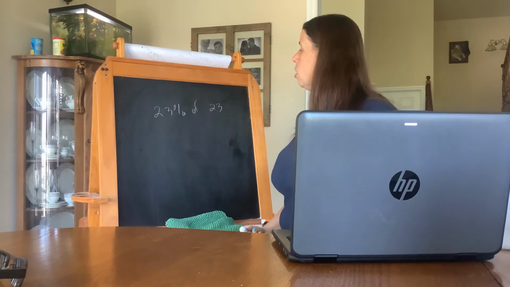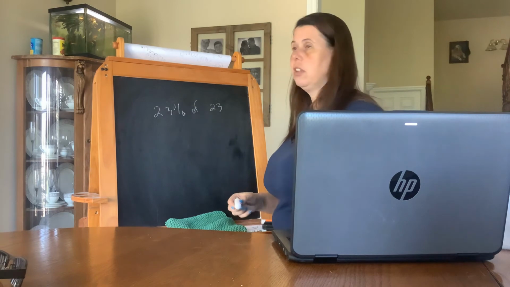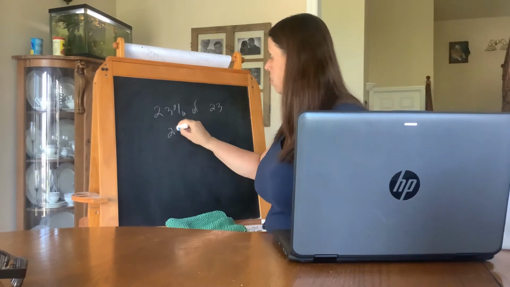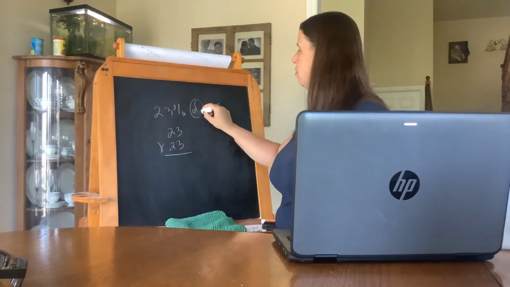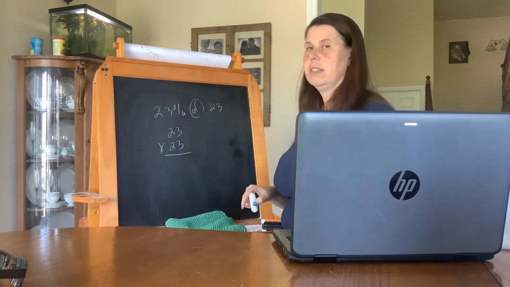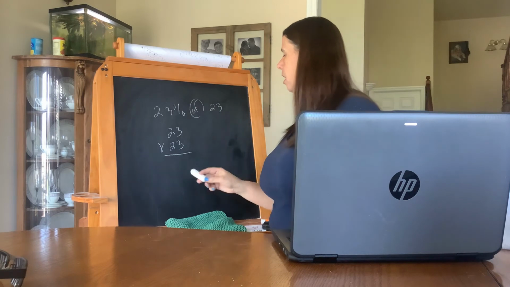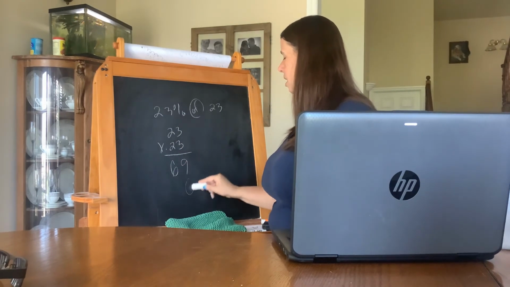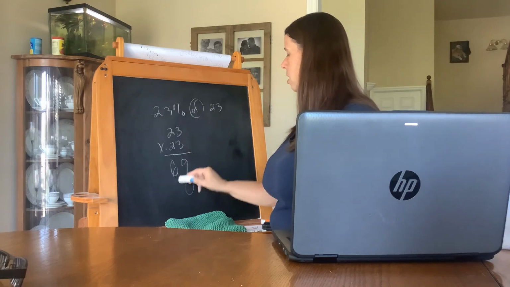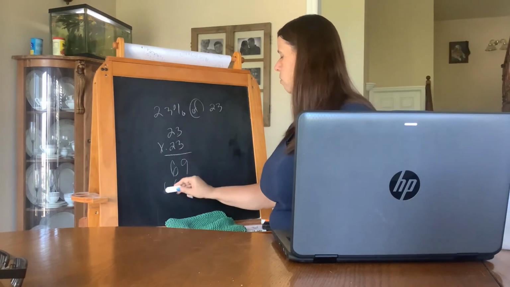Okay? So I'll show you Sadie's method first. 23% of 23. Anytime you see of in a math sentence, it means multiply. A little bonus for you. Okay, 3 times 3 is 9. 3 times 2 is 6. Skip over 1. 2 times 3 is 6. 2 times 2 is 4.